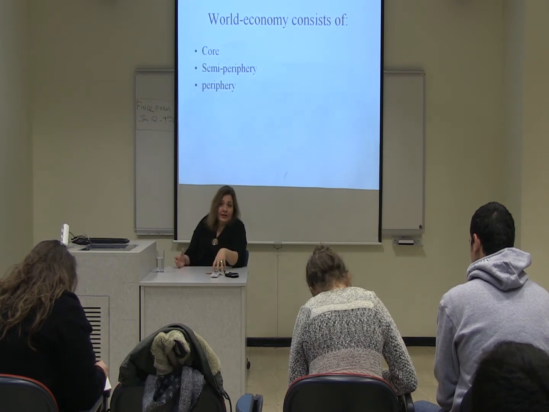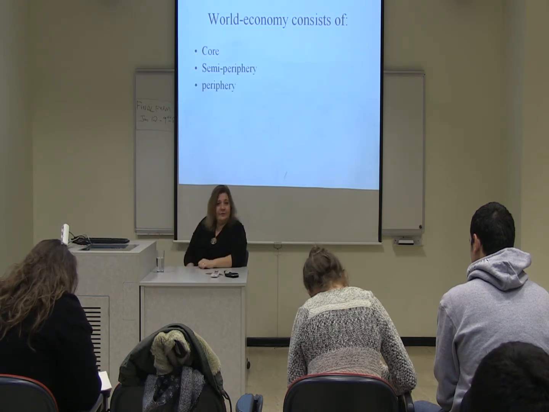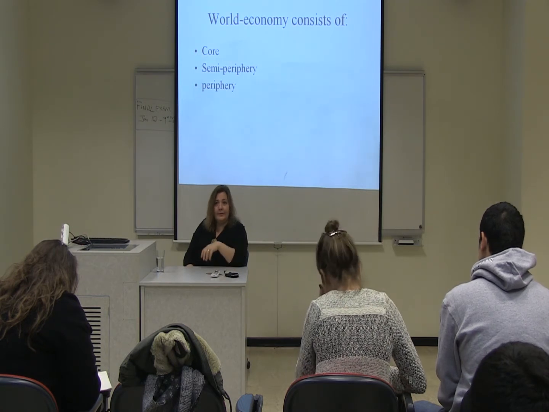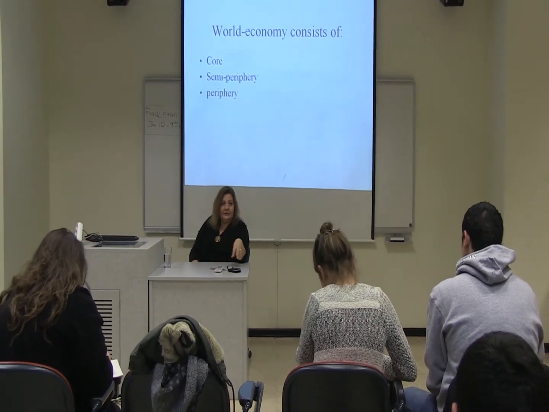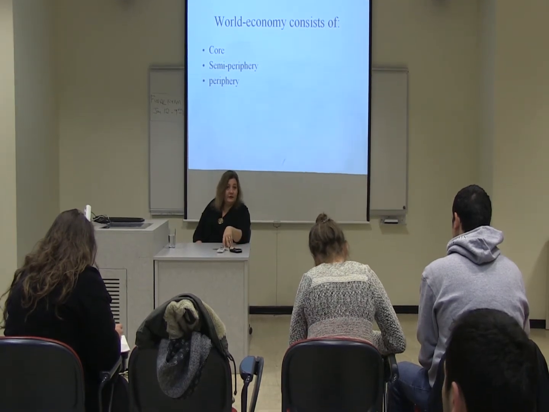So Wallerstein says that you can put states into 3 different categories: core, the semi-periphery, and the periphery. And the core is the industrialized market economies of the North.